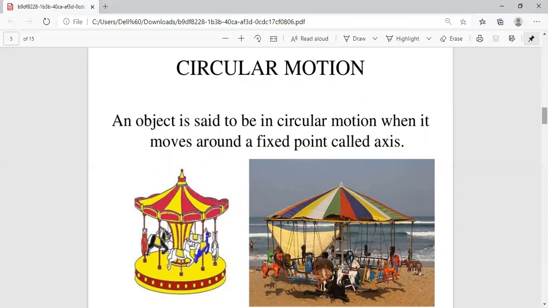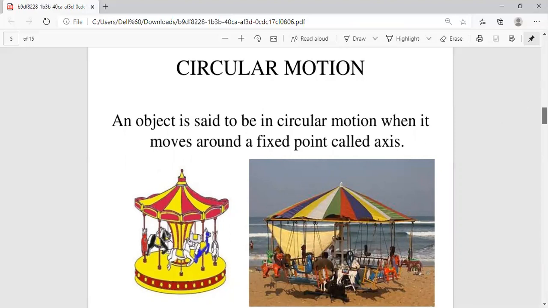So when an object is moving around a fixed point, that is known as circular motion. You can see in the figure, around a pole the swings are moving. Similarly, around a fixed point known as the axis, the swings are moving. So this type of motion is considered circular motion.